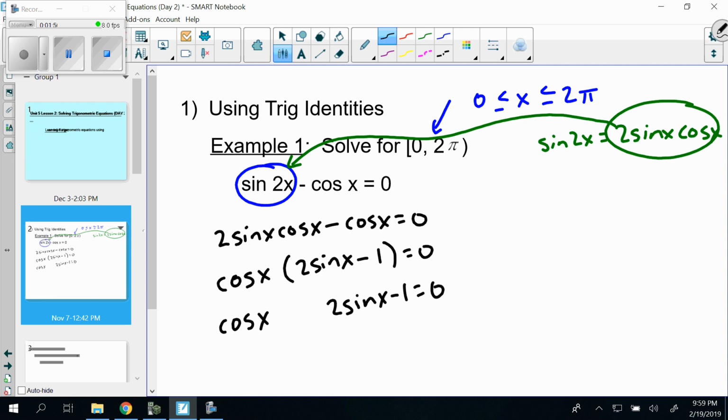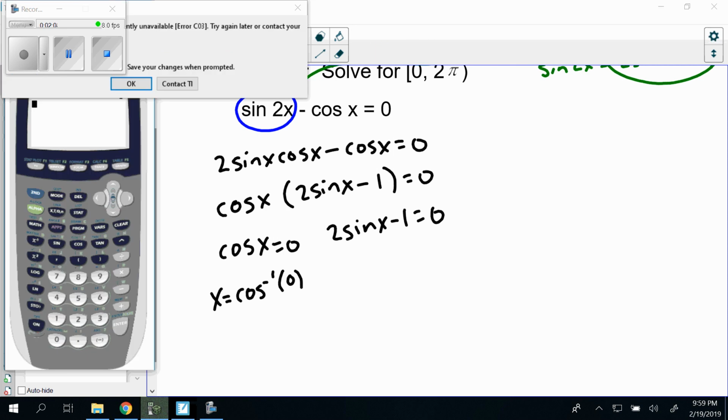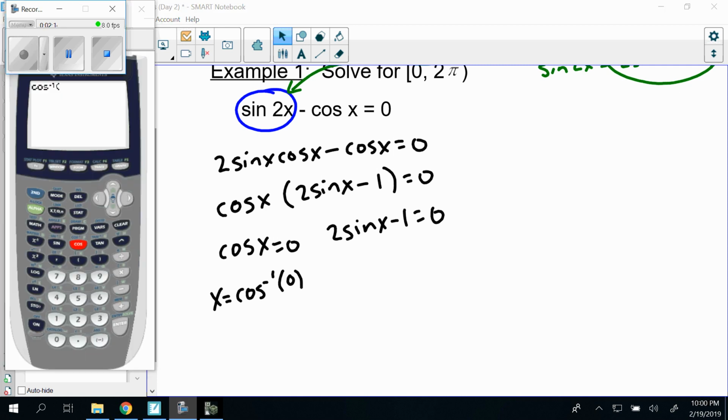So like we did yesterday in that lesson, we want to solve both of these equal to 0, and do the inverse to solve. So here with the first one, x is going to be cosine inverse of 0. So we want to put that in the calculator, see what we get. Looking here, we want to type in inverse cosine, and then type in 0 here, and then hit enter.